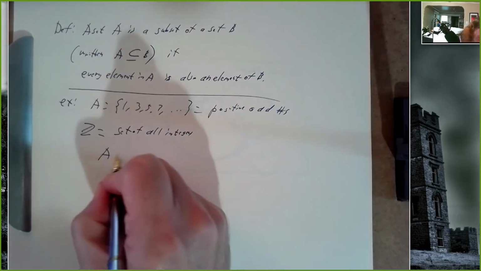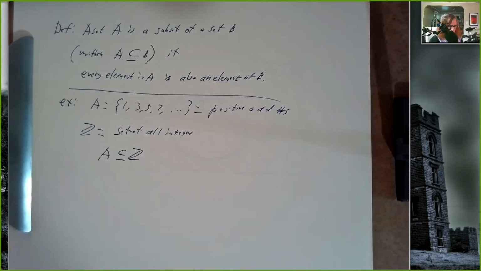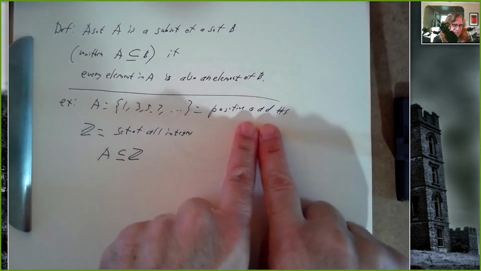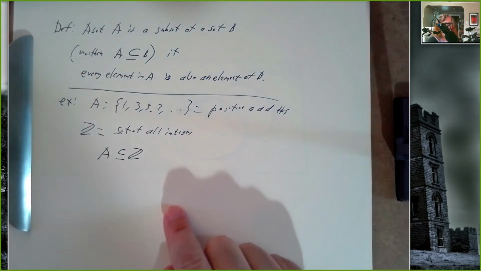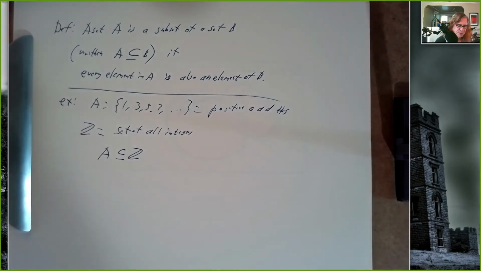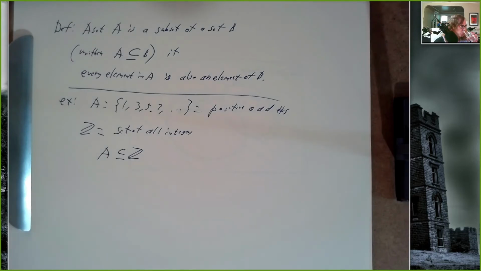So we can make the following statement: A is a subset of Z. What that statement means is that every element in A, every positive odd number, is an element of Z. It's an integer. Right? And we know that's true. When we talk about positive odd numbers, we understand we're talking about integers, right? So everything in here is an element of Z.